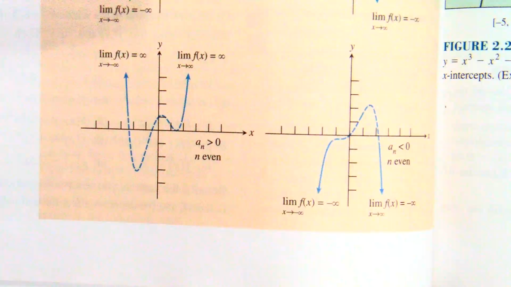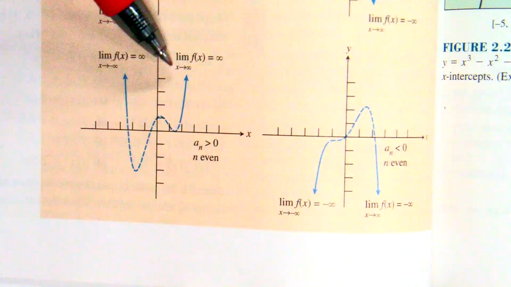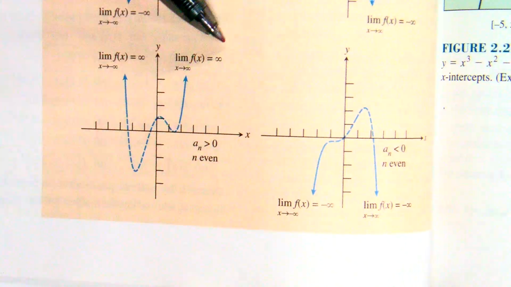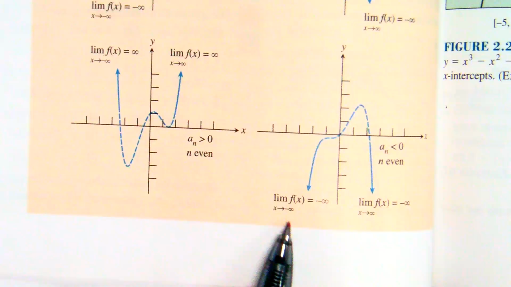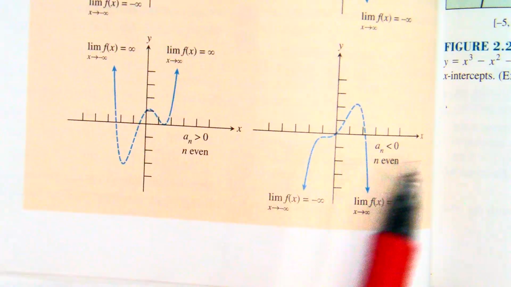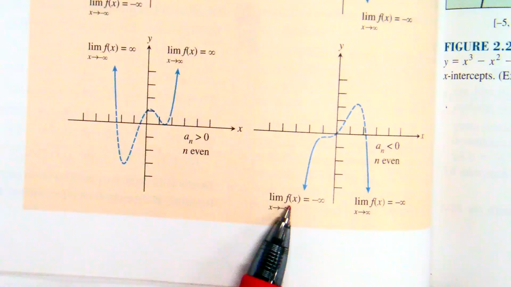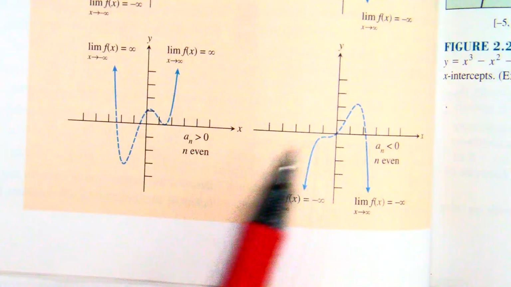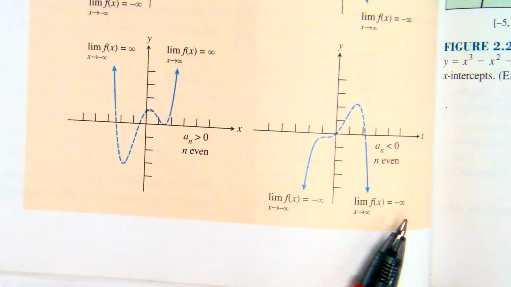As x gets bigger, so as x goes to positive infinity, my graph is also still going to positive infinity. These two down here, notice we're still talking when n is even, and this will always be true based on even. As x approaches negative infinity, so as we go left, my graph's going down, negative infinity. Same thing over here, it's going down, negative infinity.